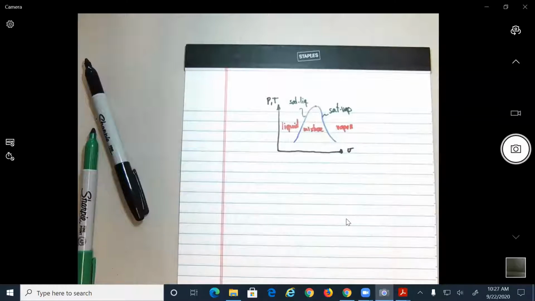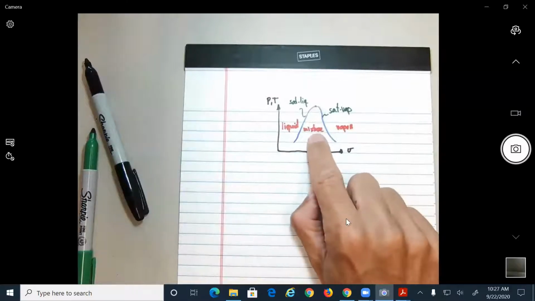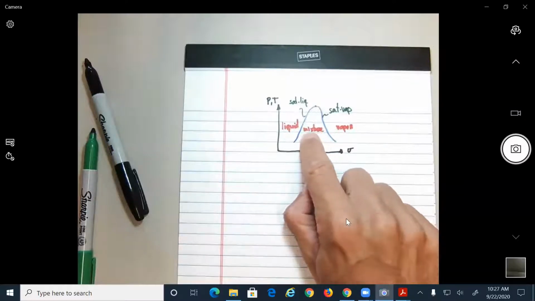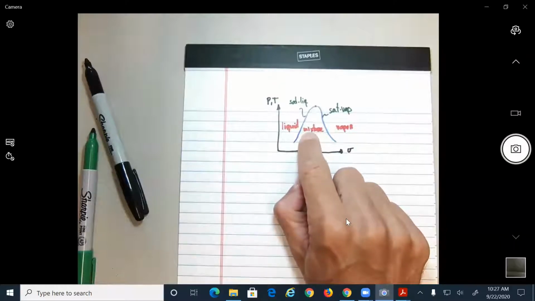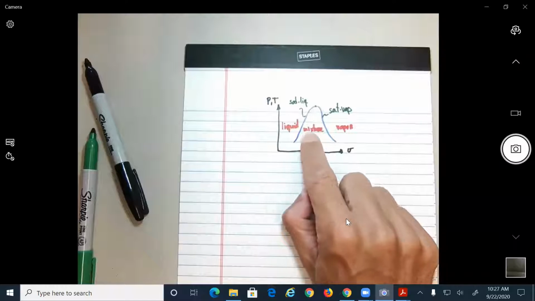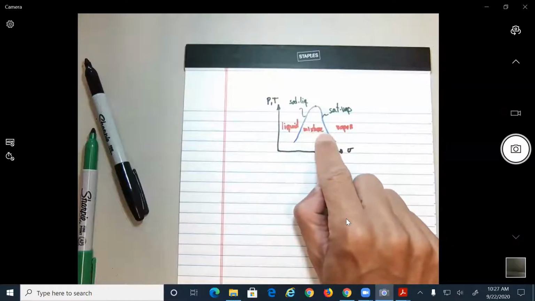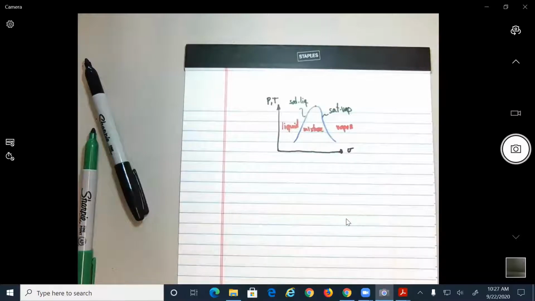So you look at a percentage. Let's say if you are right in the middle, you could say that 50% should be liquid, 50% should be gas. If you are a bit more to the left, let's say 30% will be gas, 70% will be liquid. But if you get closer to the line here, you might have 80% gas, 20% liquid. So you need a variable that tells you how much within the mixture is either liquid or gas.